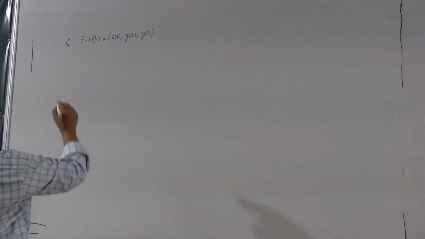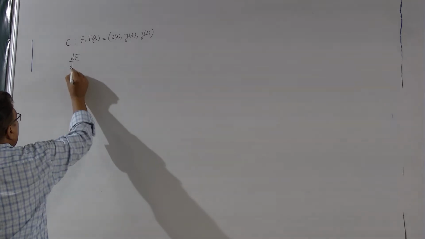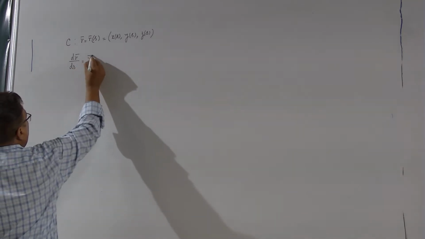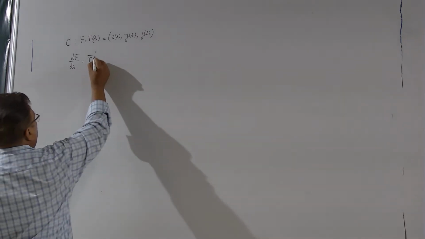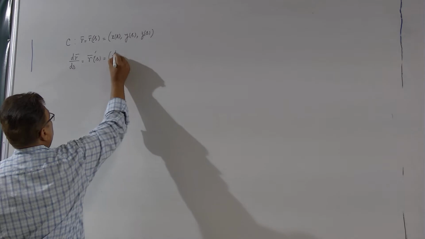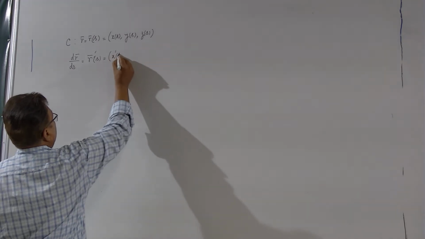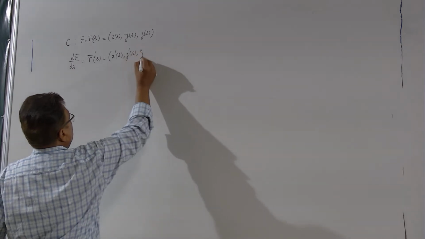The derivative of r with respect to s is always denoted by the symbol r dash, and it is in fact the tangent vector whose components are x dash s, y dash s, z dash s.